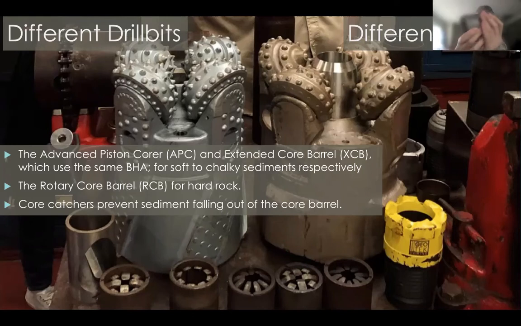Now, once you get through soft sediment, then you have to start actually drilling rock. And so that's what these things are here. These are for drilling through rock. And so on our cruise, after I would say close to 300 meters down, was where we started to enter limestone.